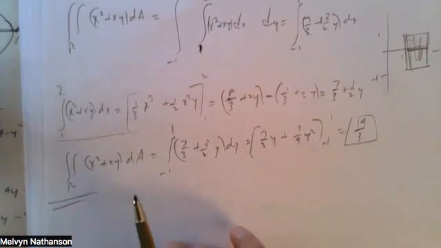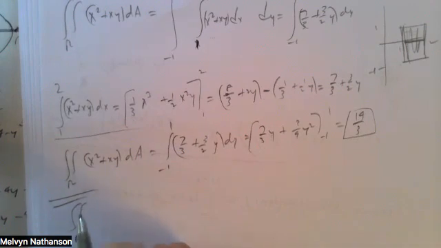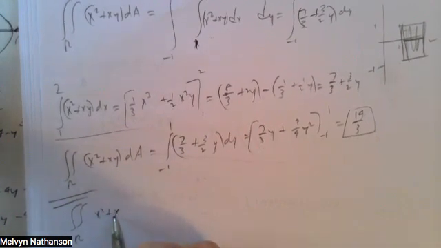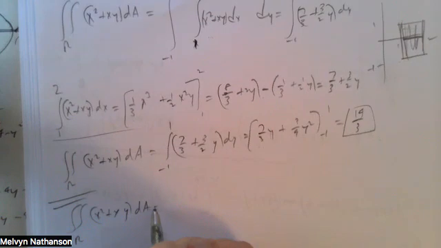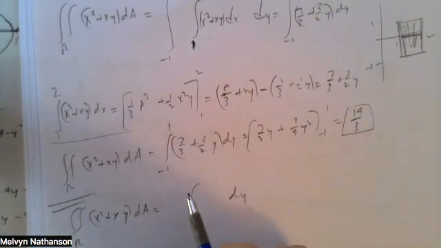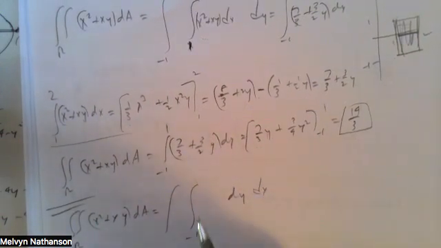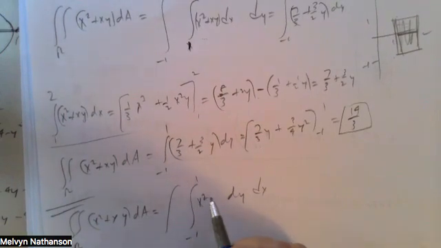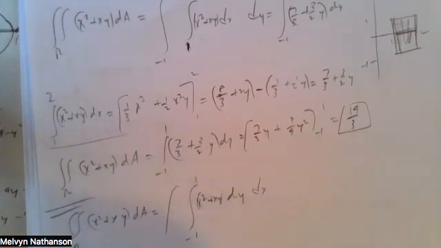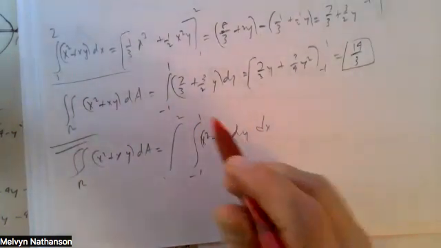So I want to actually check that by doing the integral as an iterated integral, but in the opposite order. So for this function x squared plus xy dA, I want to integrate now first with respect to y, and then with respect to x. So y goes from -1 to 1, x squared plus xy, and with respect to x, from 1 to 2. So what is this inside integral here?